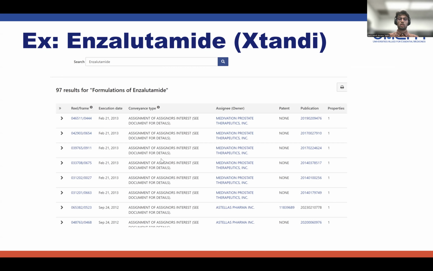This is an excerpt from the last page of results, where we see the first agreements of licenses or assignments of patents to Astellas Pharmaceuticals as well as Medivation Prostate Therapeutics Incorporated. These are two companies that had the earliest licenses for Xtandi. That allows you to understand the relationship that UCLA licensed out Xtandi to these companies.